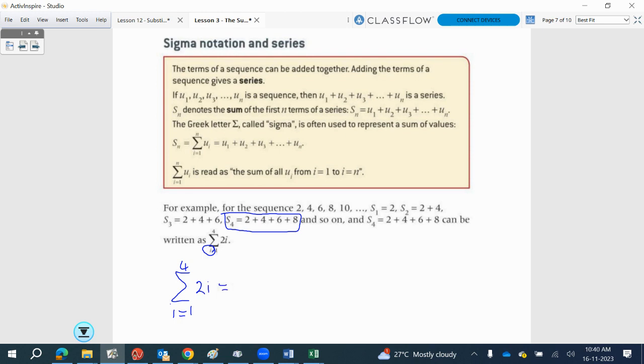This is going to give us 2 times 1 plus 2 times 2 plus 2 times 3 plus 2 times 4. This is going to give 2 plus 4 plus 6 plus 8, and our answer is going to be 20.